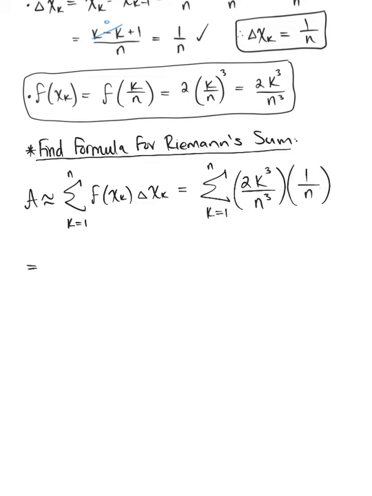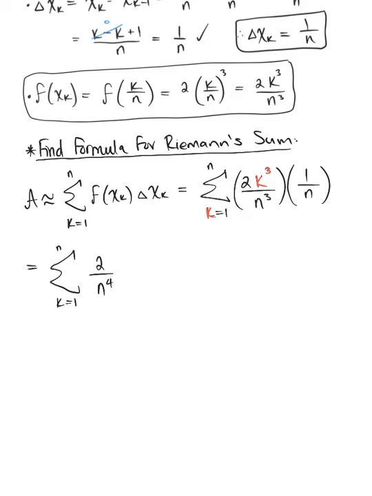So let's simplify. This is equal to the sum from k equals 1 to n. Now keep in mind here that the variable is k. That variable in our general formula is k. Everything else is a constant. So I'm going to rewrite this as 2 divided by n to the 4th.